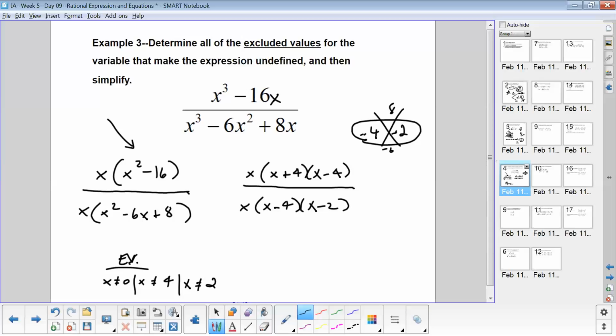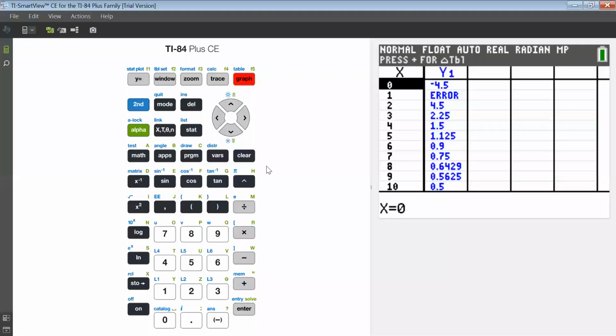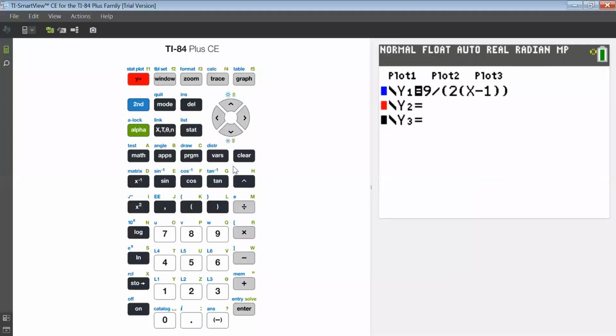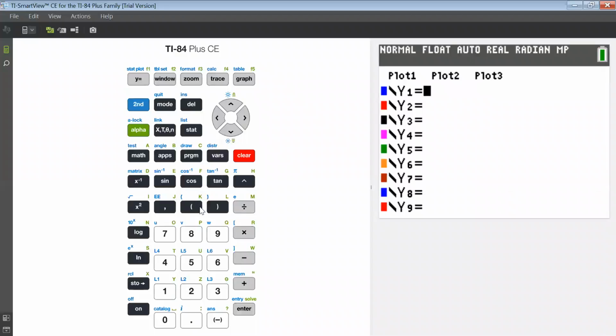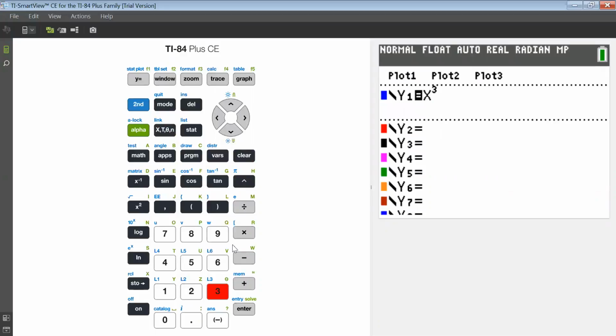So let's look at that. That's going to be x cubed minus 16x, x cubed minus 6x squared plus 8x is what we're going to type into the calculator. So let me share that screen with you. Go to y equal and clear out. So in the numerator, I'm going to write x raised to the third minus 16x.